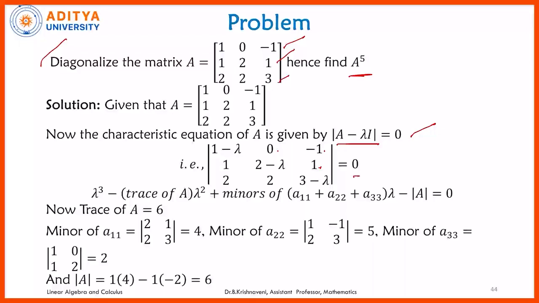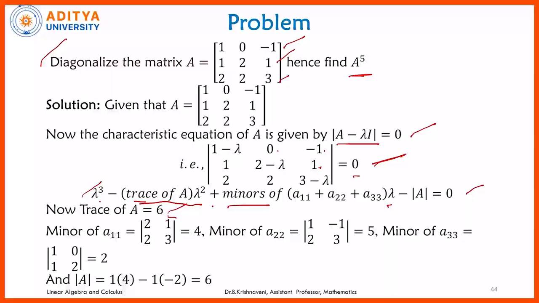Now, how to find the characteristic equation of this matrix? By the direct formula, the characteristic equation is lambda cube minus trace of A times lambda square plus the sum of minors A11, A22, A33 times lambda minus det A is equal to 0.